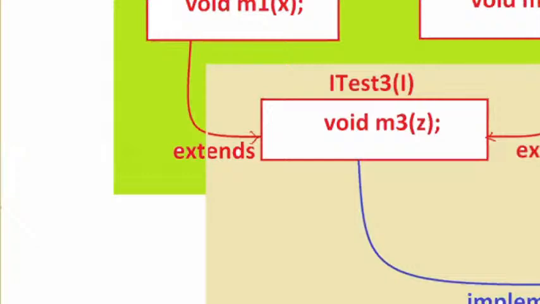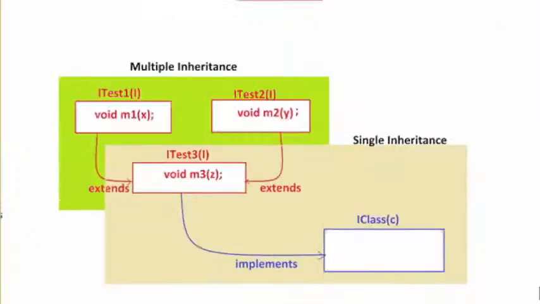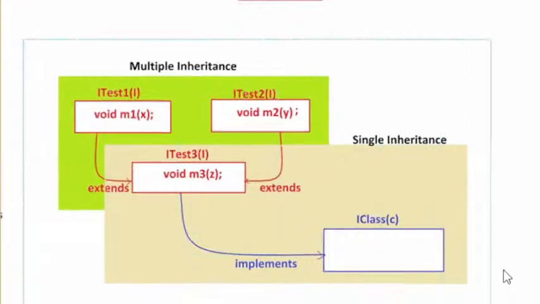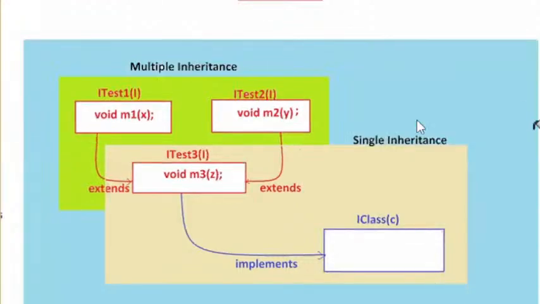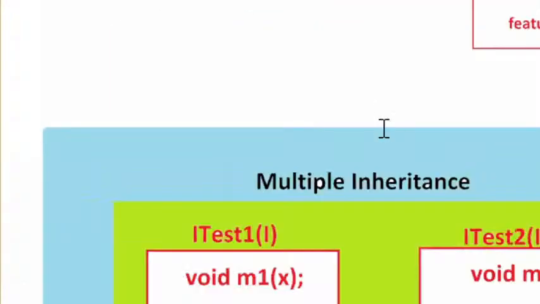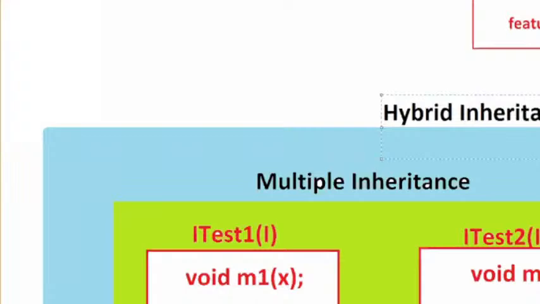A combination of more than one, what are we calling it? Hybrid. A combination of more than one, you can call it hybrid inheritance.